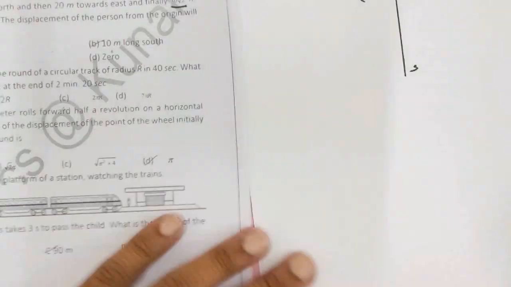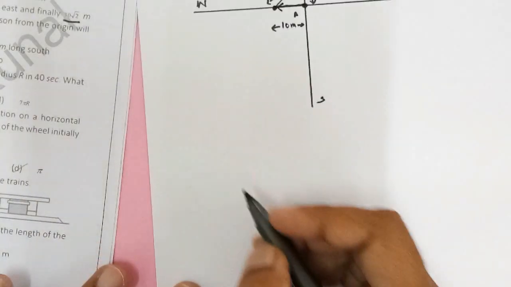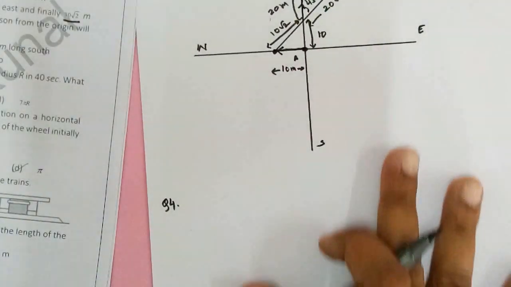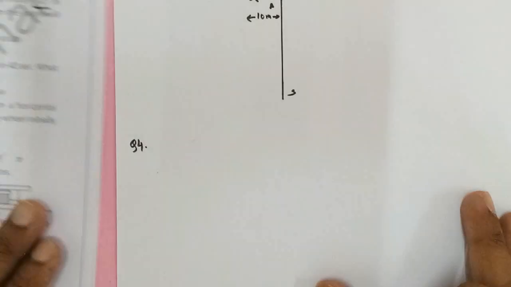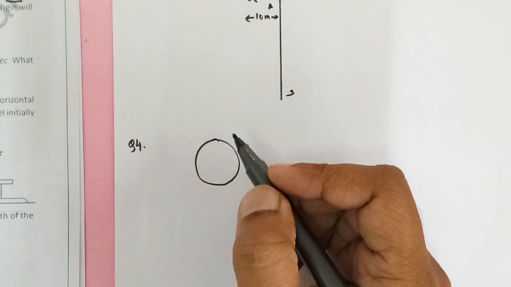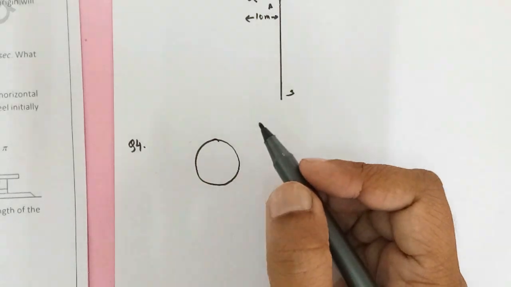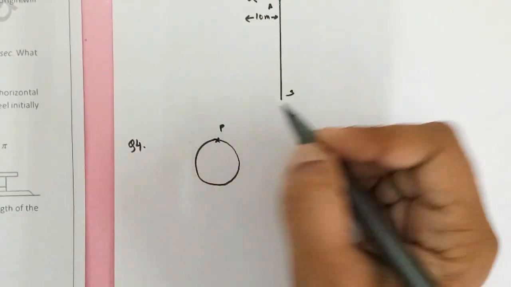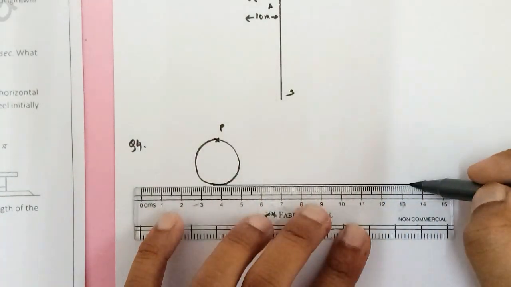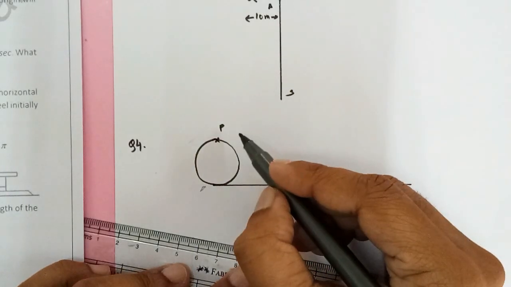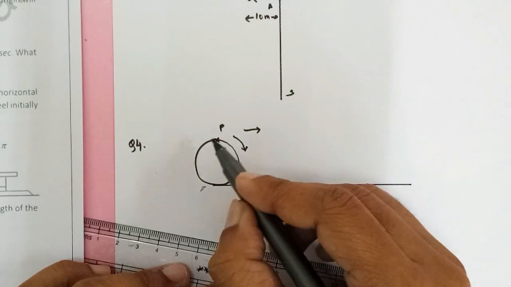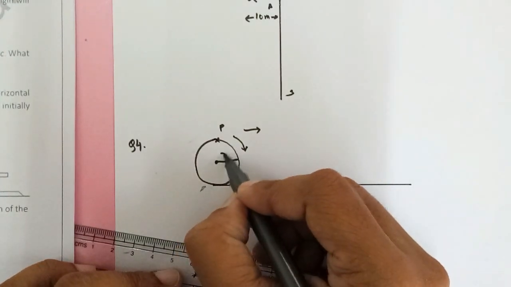So here what you are supposed to understand is, when a wheel rolls a complete rotation, suppose this is a wheel, and this is a point on the wheel, say for example point P. Now this wheel is moving forward also and it is turning also. So this wheel will roll down like this, and it is also going to go forward. And suppose the radius of the wheel is r.